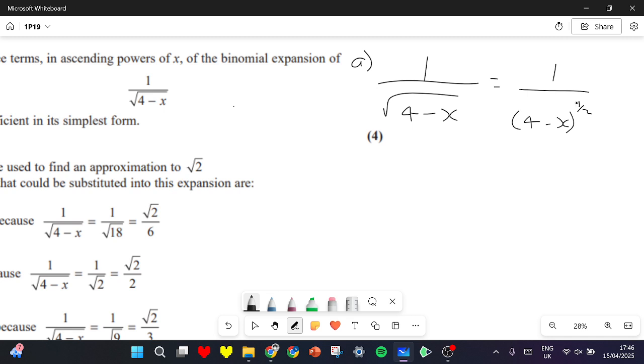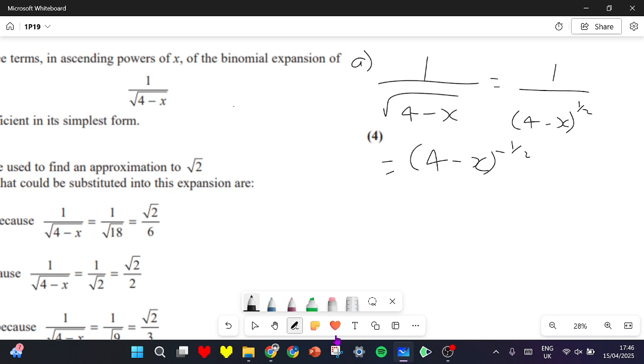And then if you're doing 1 over something, that's the same as that thing to the power of minus 1. And then since there's a half here, you just do that times the minus 1. So that to the power of minus a half.